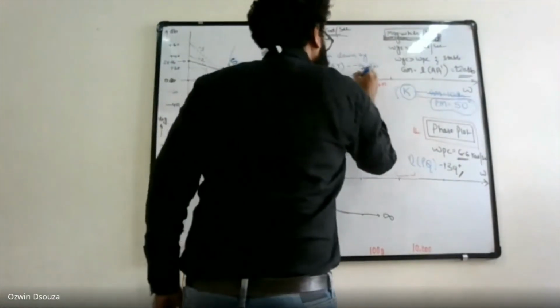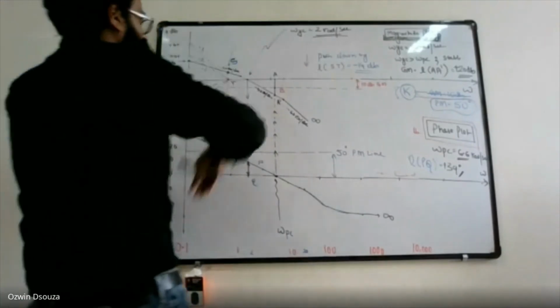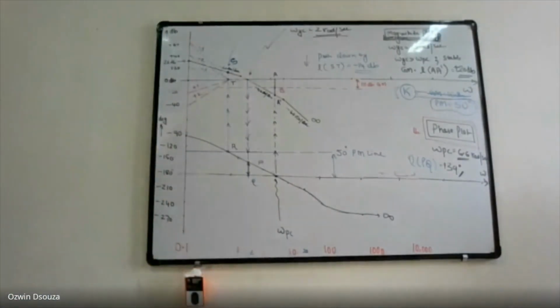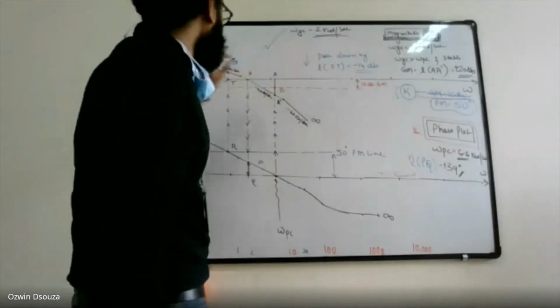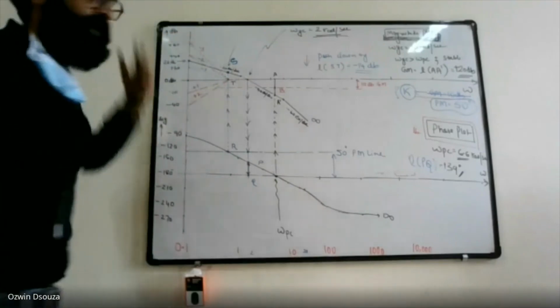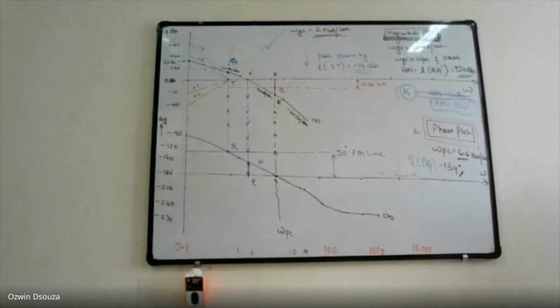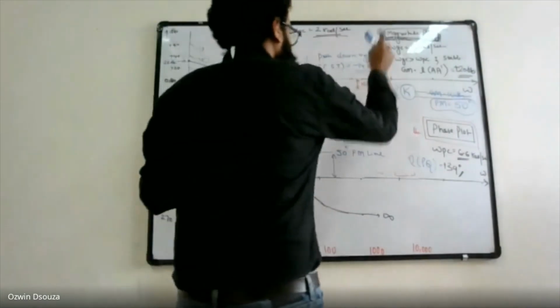Okay. Now question is why minus? Because pushing down, right, is considered as negative. And moreover, this length ST is found above 0 dB line. So anything above 0 dB line is taken as negative value, and anything below 0 dB line is taken as positive. So this is minus 14 dB.